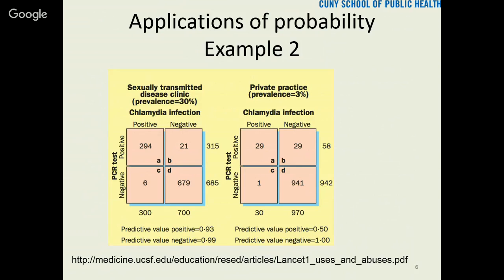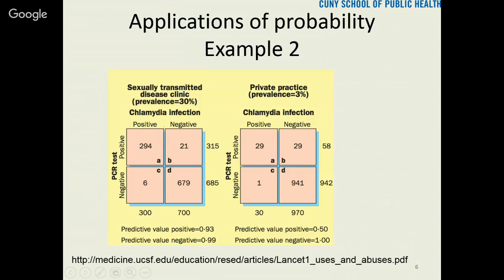One is a sexually transmitted disease clinic, and the other one a private practice, with the difference being that in the STI clinic or STD clinic, there's a higher prevalence because you have more people going there specifically because they have noticed some symptoms. So this is the same test being applied to the patients in two different clinics. So let's see my mouse here.